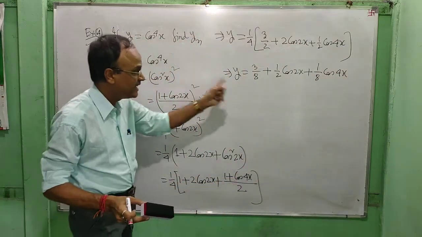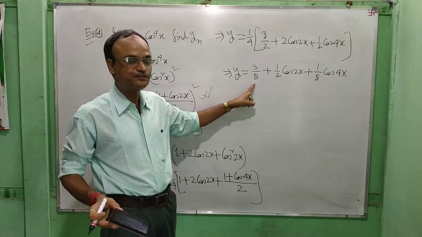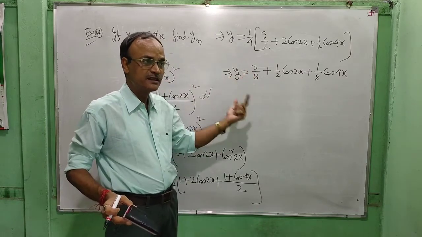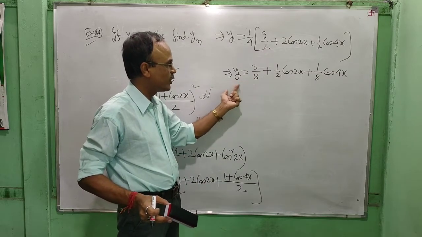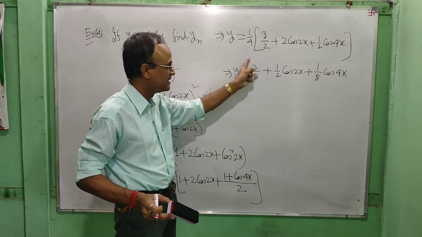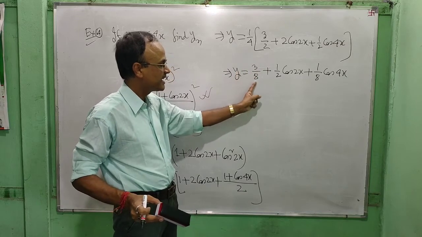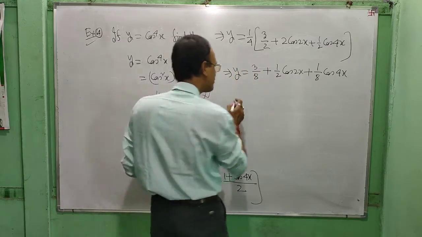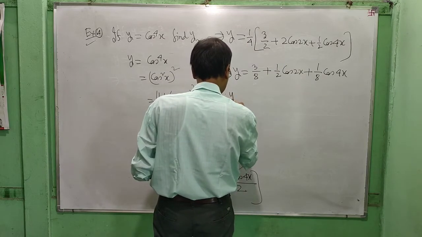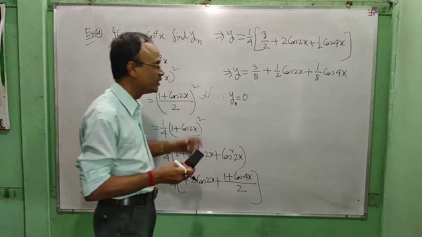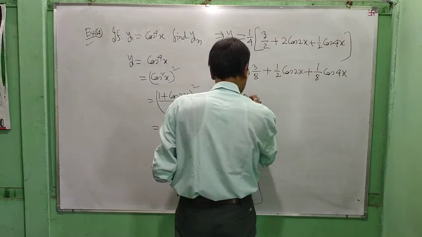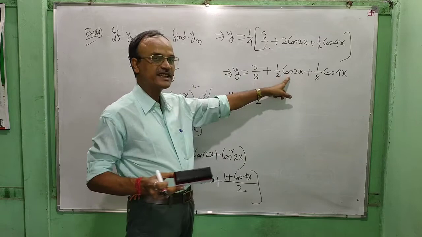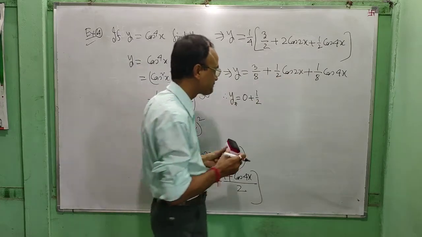If you differentiate it one time, 3 by 8 will be equal to 0. Therefore, this term will vanish. The nth differentiation of 3 by 8 will obviously be 0. Therefore, yn is equal to 0 plus 1 by 2 cos twice x term.